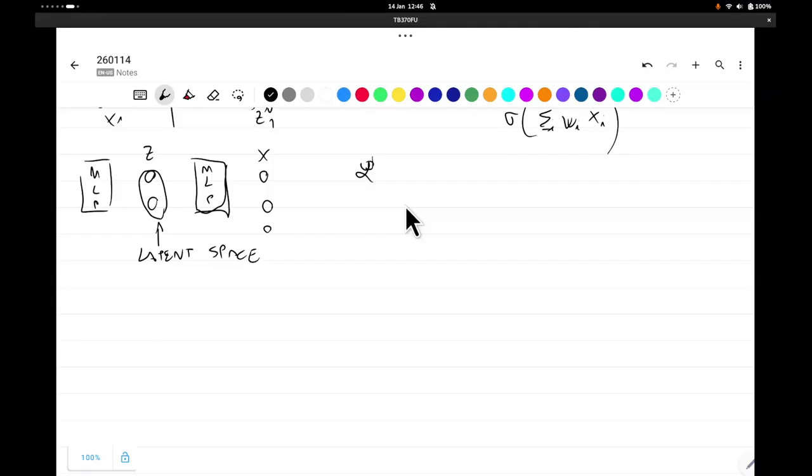So basically I have my input X, and I want the projection of the input into, so this would be our Z, and then the projection back, so this is as close as possible to 0.